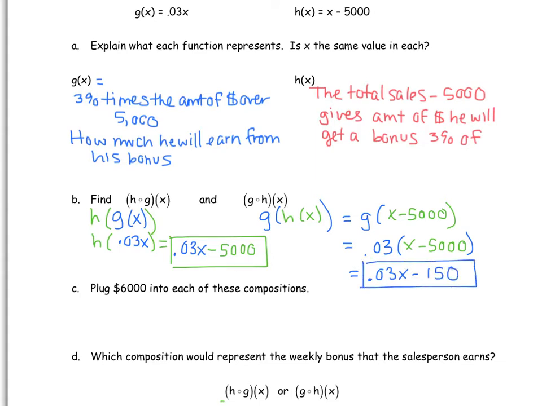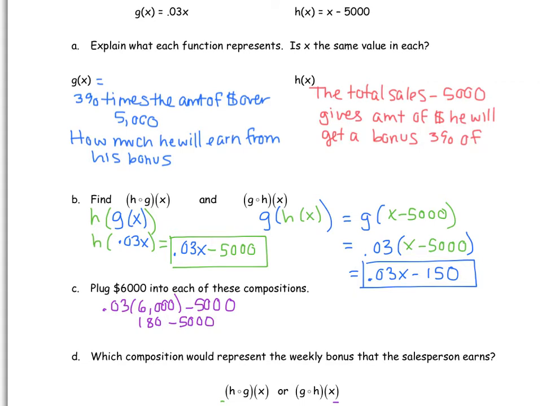Question C says plug 6,000 into each of these compositions. So for the first one, 0.03 times 6,000 minus 5,000. 0.03 times 6,000 is 180 minus 5,000.